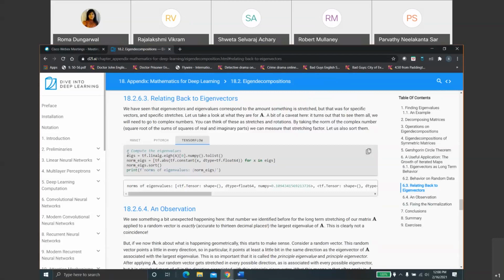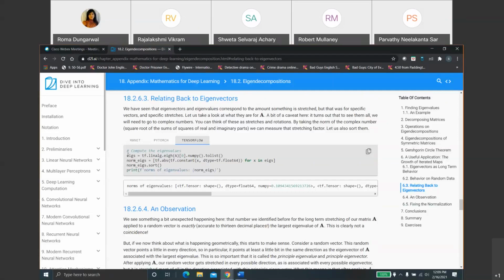So basically, what a norm is, if you remember, it is the length or absolute values of every element in the matrix. A matrix has real and complex parts, right? Previously I showed you that when we were printing the eigenvalues for a matrix, it was printing in terms of complex numbers, real plus something of j.